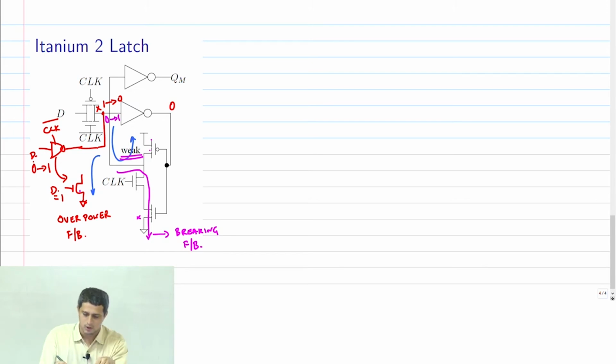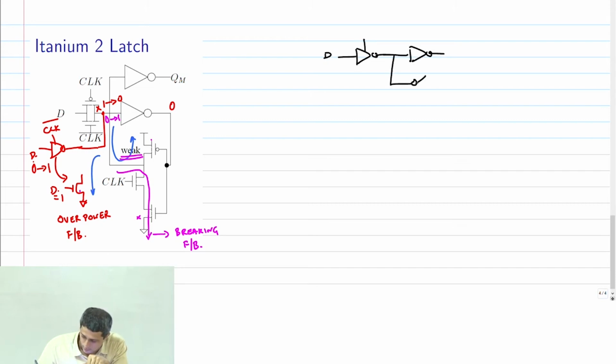Okay. So now, as I told you, I had this tri-state inverter D with a feedback. Right? This was phi, this was phi bar. Question is, do I really need this?